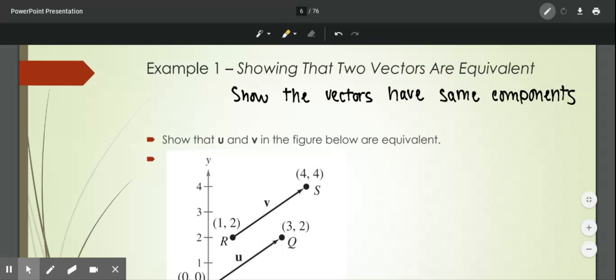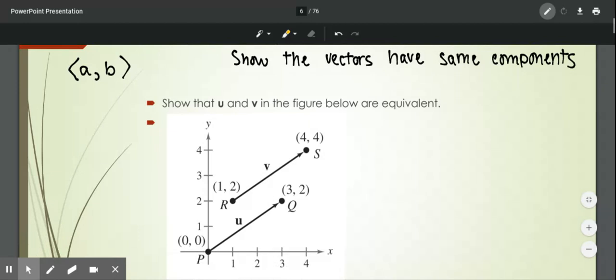And what components are, if you look at your formula sheet, the first thing on your formula sheet says component form of a vector, and it has those pointy brackets and it says A, B. The components of a vector are your A and your B, and you get those by having the initial point of your vector start at 0, 0, and the end point of your vector would be your components. So for vector PQ, because that one already starts at 0, 0, PQ has the components of 3, 2.